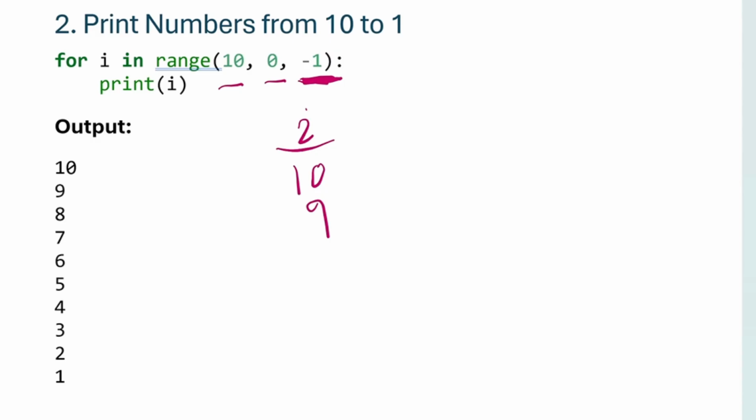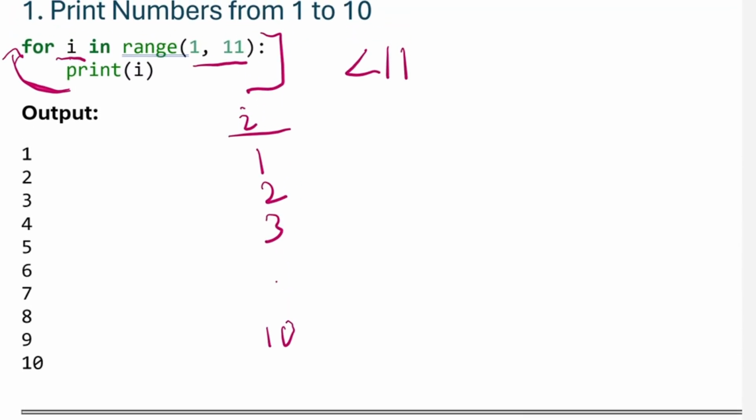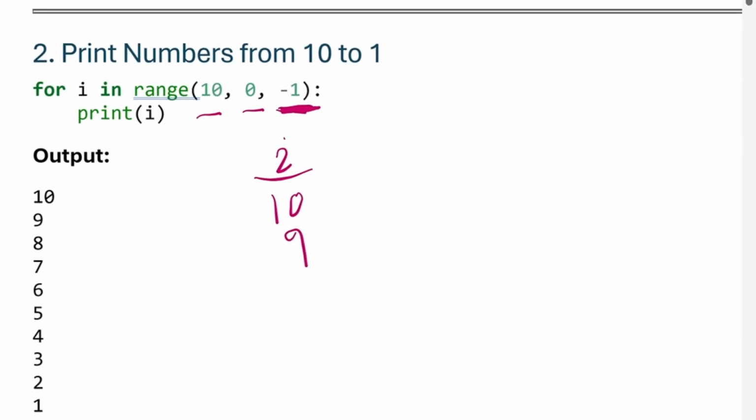So the final value is not 0. The last value will be greater than 0, that is up to 1, not 0.